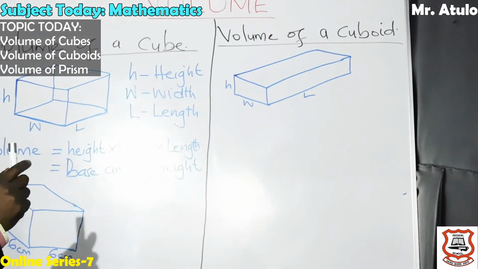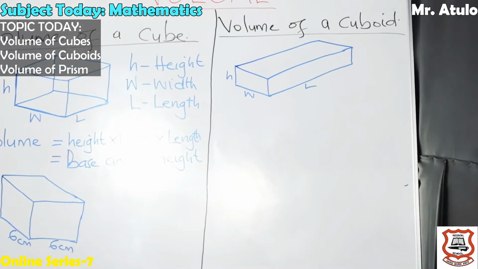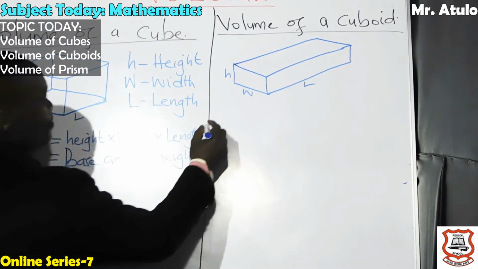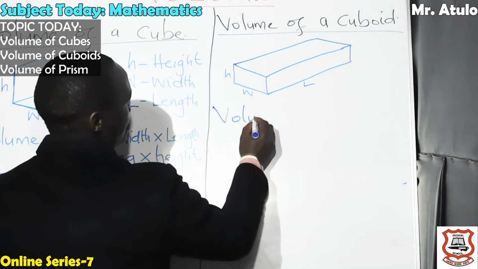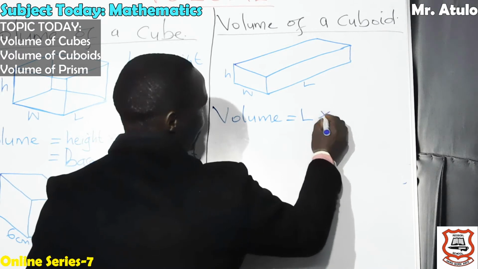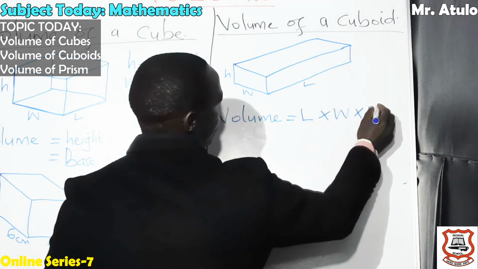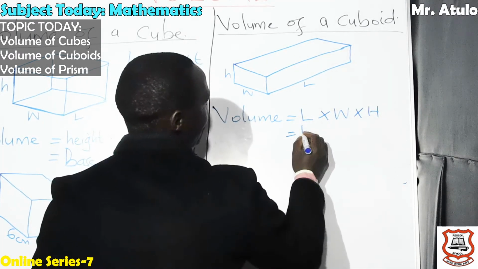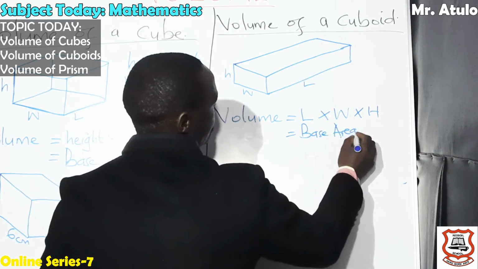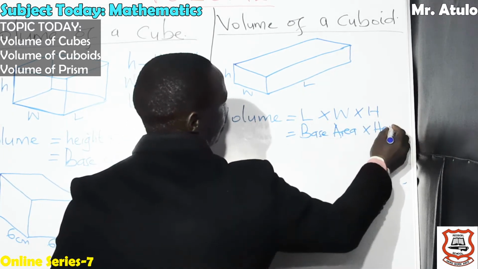To find the volume of the cuboid, we will not apply any different formula. We will use the same formula. Volume equals base area times height, or length times width times height.